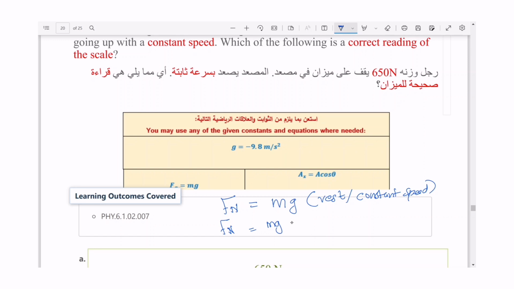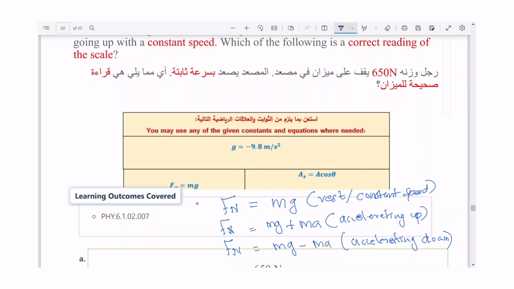Then the normal force or scale reading will be equal to mg plus ma, where m is the mass and a is the acceleration of the elevator. And third, when the elevator is accelerating down, the scale reading will be less than your actual weight, that is mg minus ma.